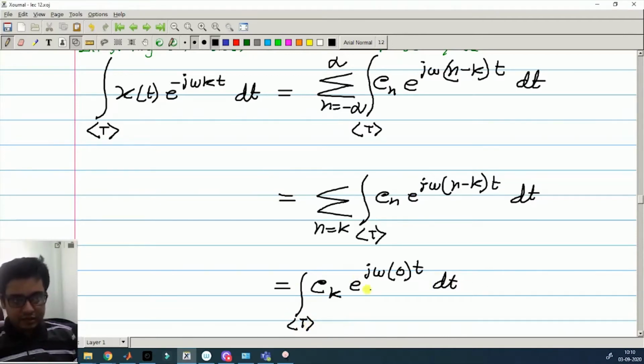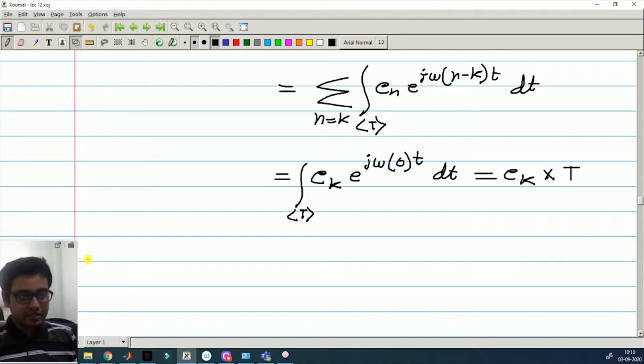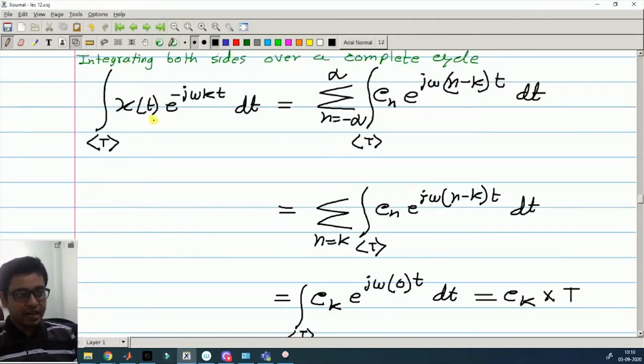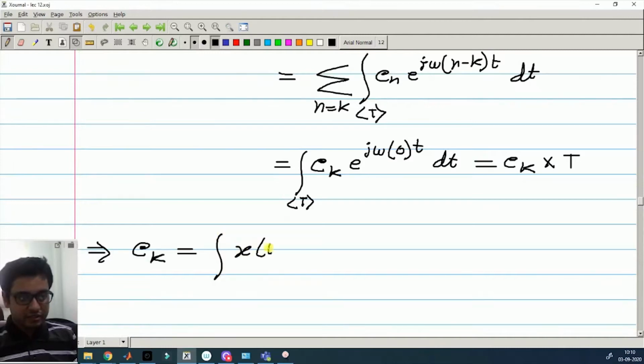Then e to the power 0 is 1, so we will have this Ck constant, and this 1 integrated over a complete cycle will give us T. From this you can write Ck is equal to the integration of x(t) e to the power minus j omega kt dt over a complete cycle, and then divide by this capital T, 1 over T times the left hand side.